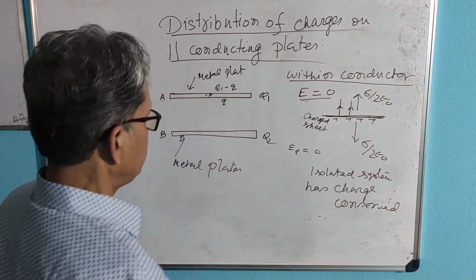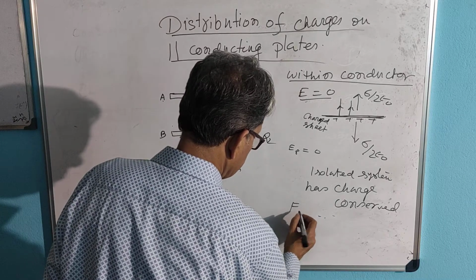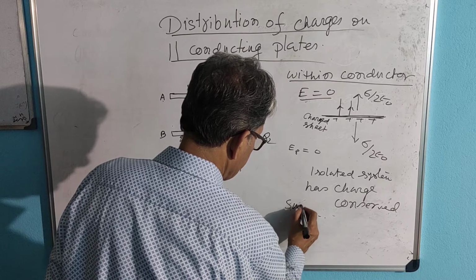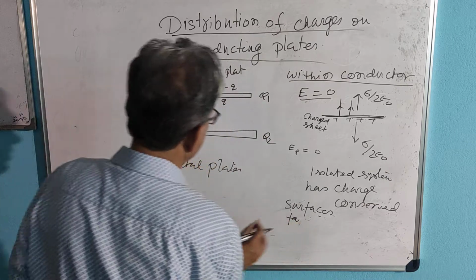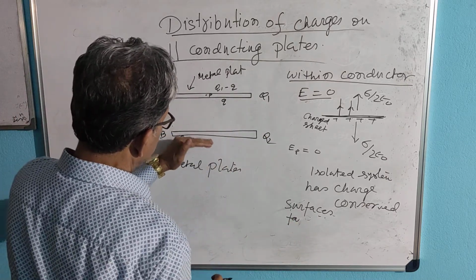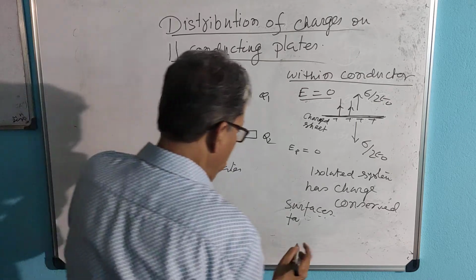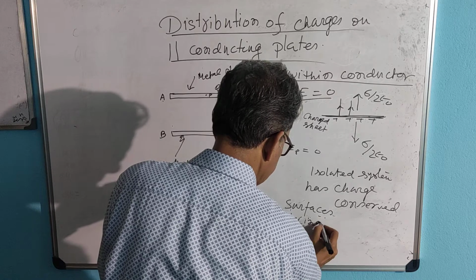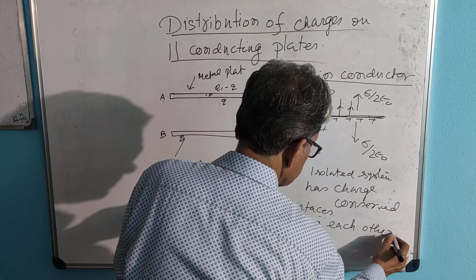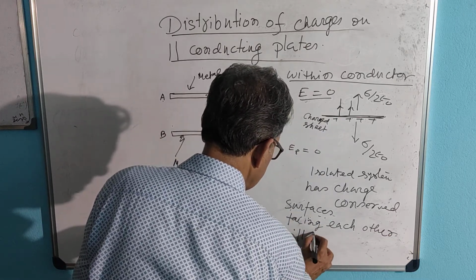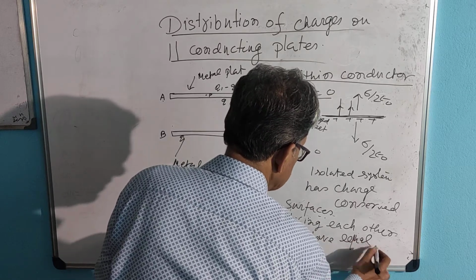Another idea you have to take: the surfaces facing each other, these two surfaces, the upper of the lower plate and the lower of the upper plate, will have equal and opposite charge.